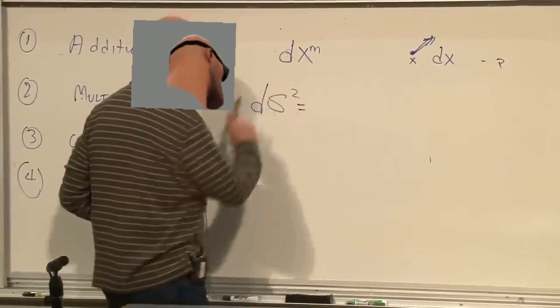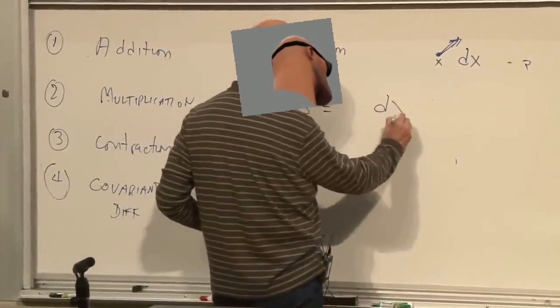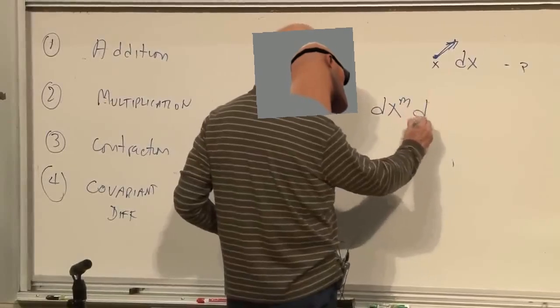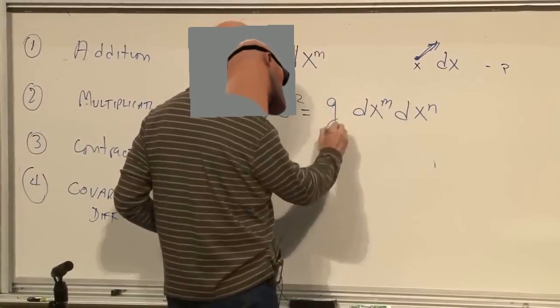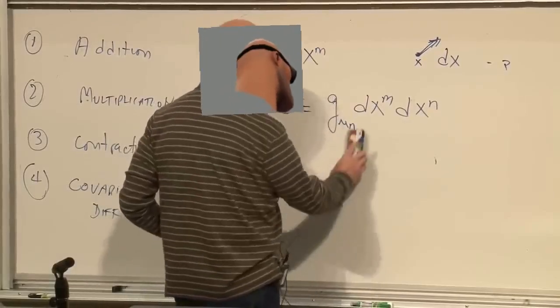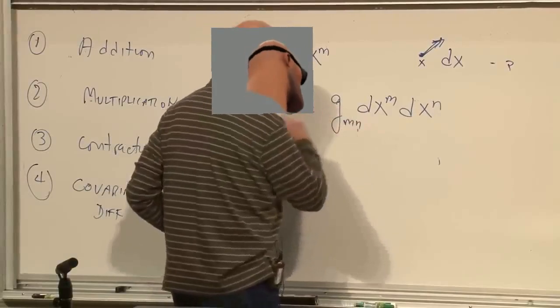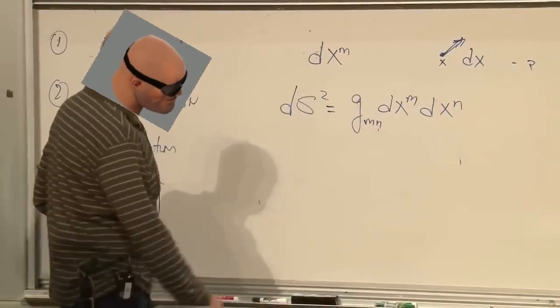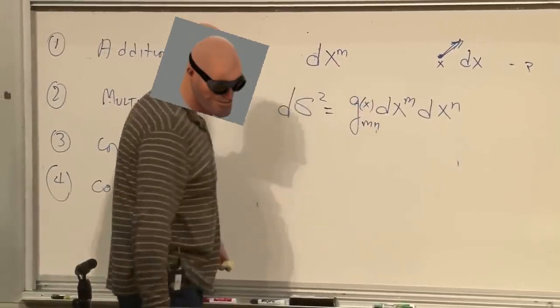It's still quadratic in the dx's, but it involves a dx^m and a dx^n and a quantity g_mn. In general, this g_mn will depend on where you are, so it depends on x.